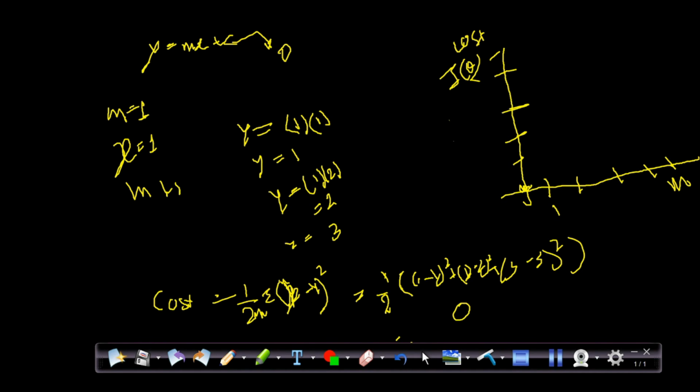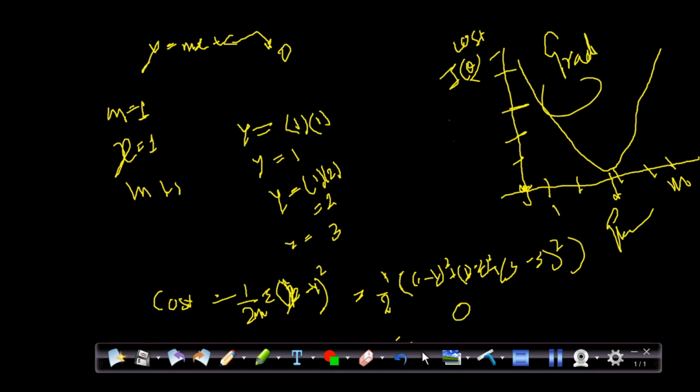So finally our graph will look something like this, and this is called the global minima. This whole concept is called gradient descent, which is another very huge and very important topic in itself.